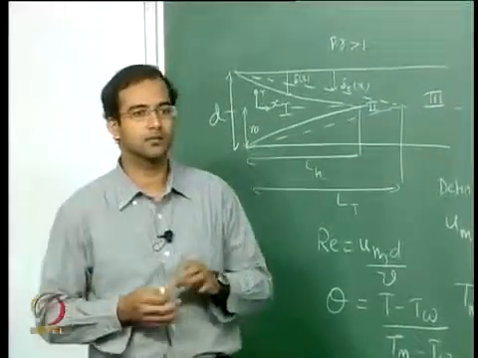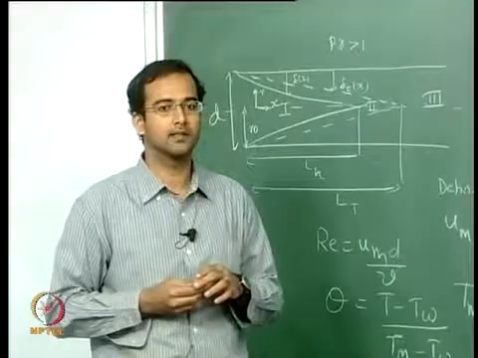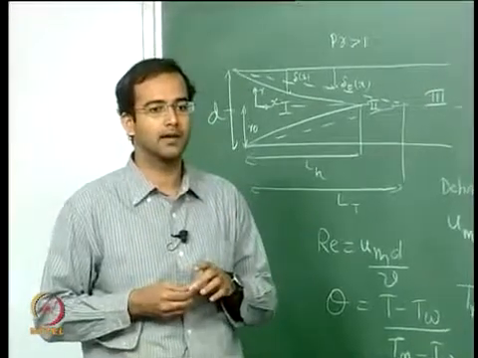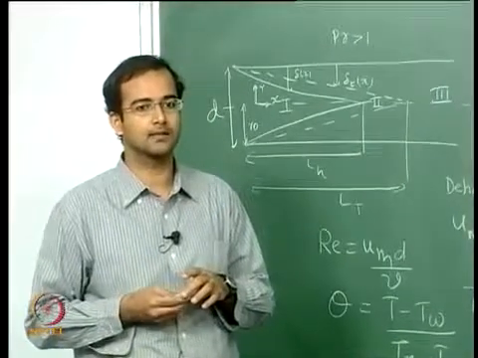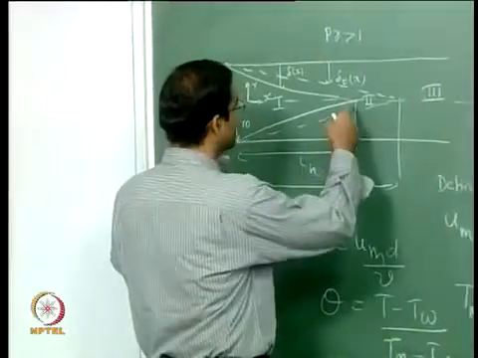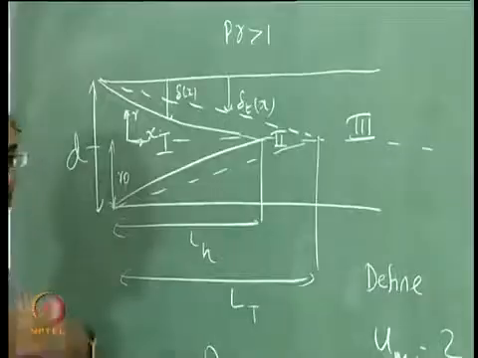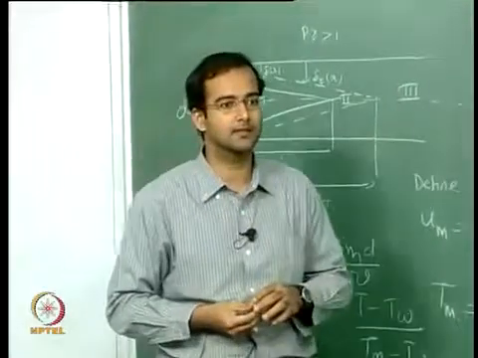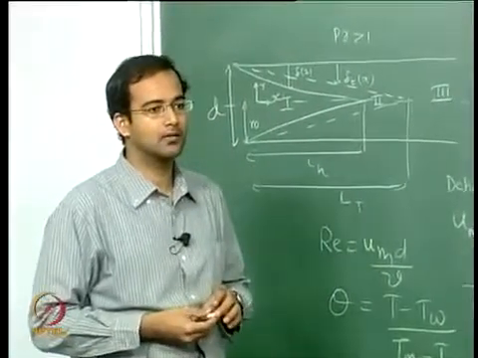The distance from the entrance of the duct where they merge is called the hydrodynamic entry length. And beyond that you will find the entire region is dominated by viscous effects.